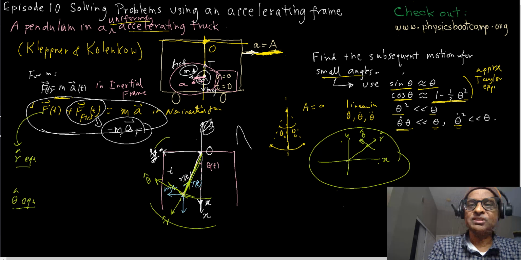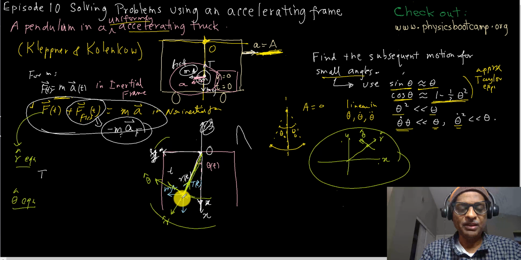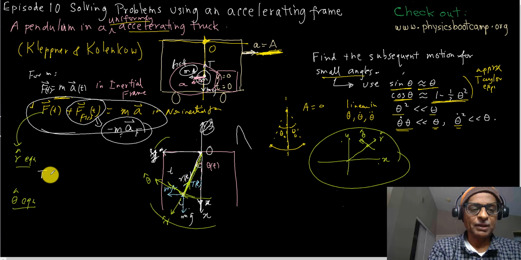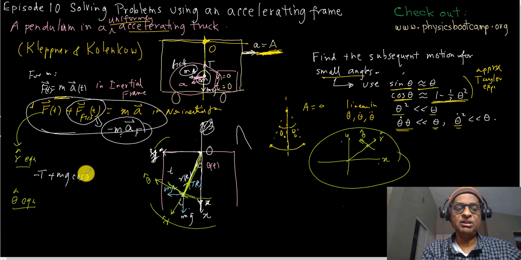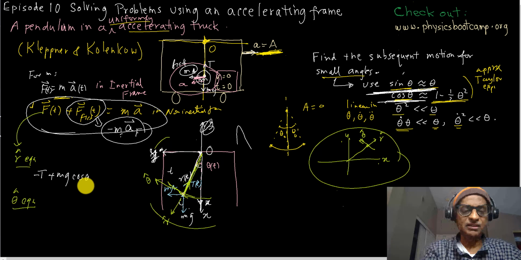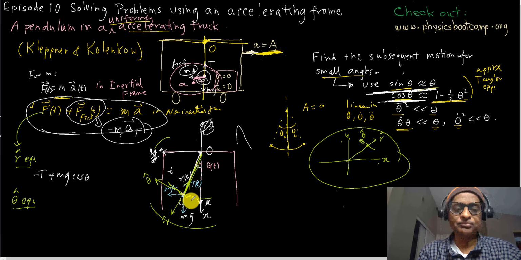So one of the forces is going to be tension, and these other forces will have both radial and tangential components. So this mg, if you look at this, is theta, so the mg cosine theta will be in the radial direction. This is plus mg cosine theta. I'm going to make a simplification later, but right now write in cosine theta.